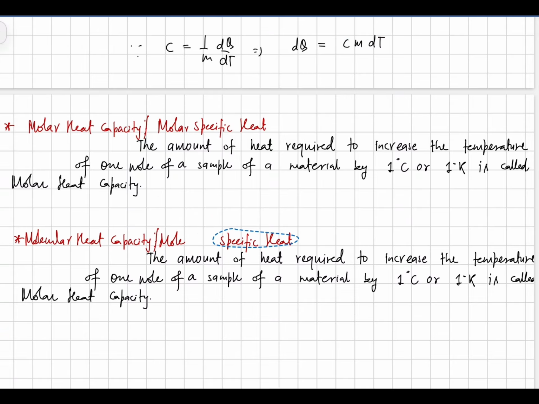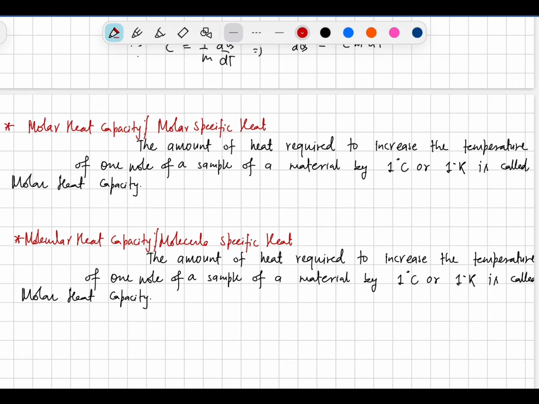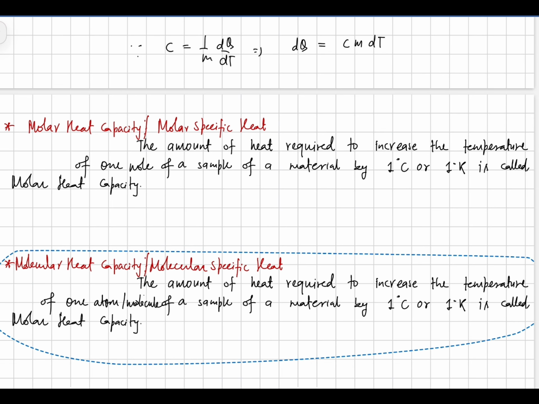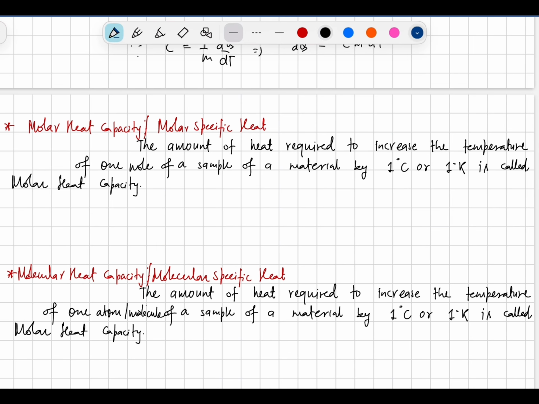So now you can guess what will be here: per atom, 1 atom, or 1 molecule, it depends on what kind of gas it is. Fine. So I think it is clear now, and the formula will change like this.